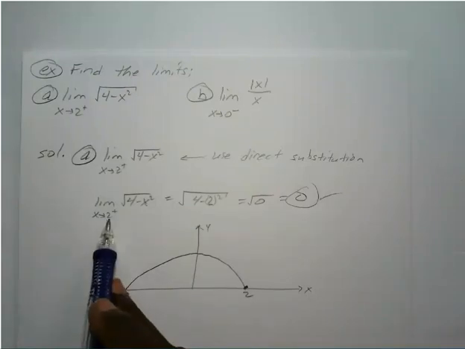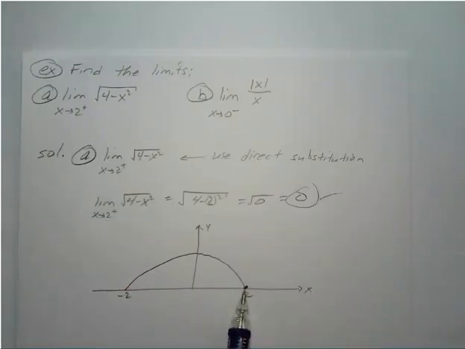And you're going to be approaching 2 from the right, while the actual limit at the point 2 from either right or left is going to be 0. That's your f of x value.